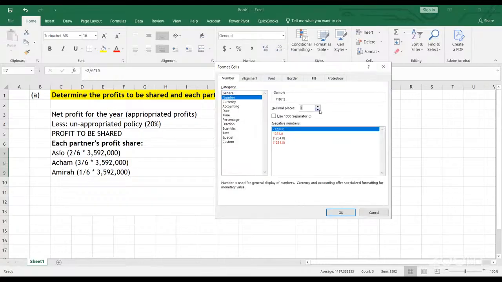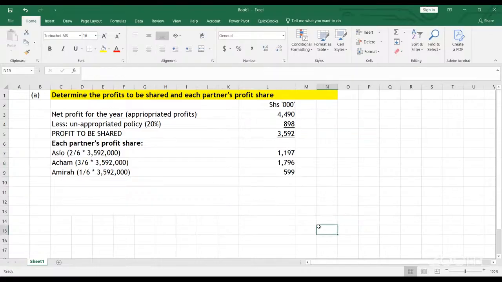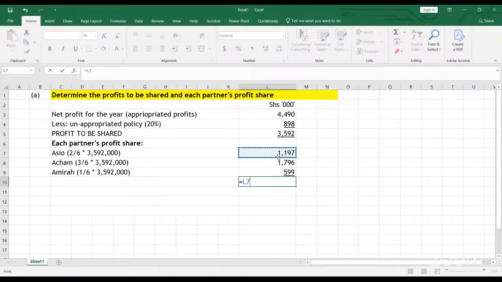Let me just round off to 0 decimal places. So that's it. Of course, when we add these shares, they should give us the total amount, this plus this plus that.